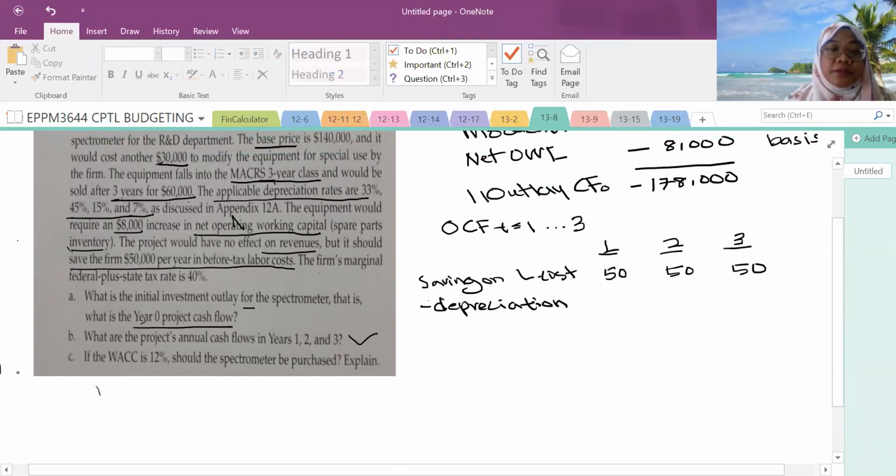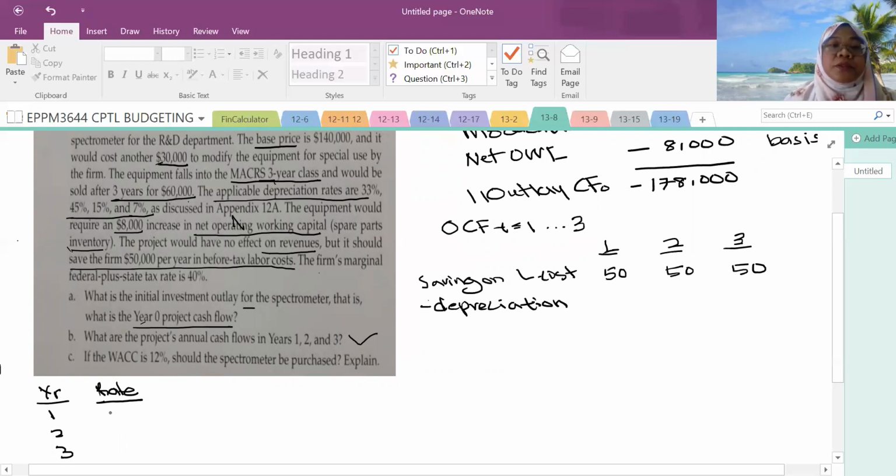Right now, this is year 1, 2, 3, and this is the rate. Excuse my writing here.